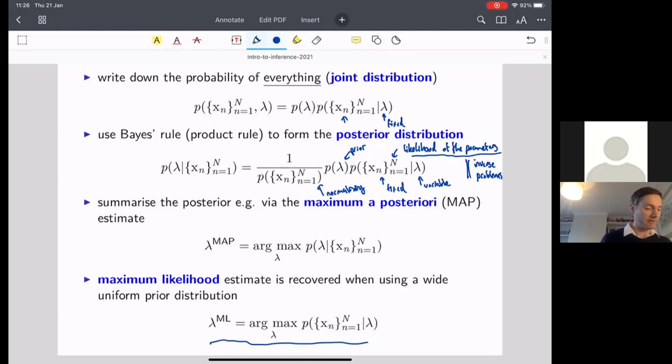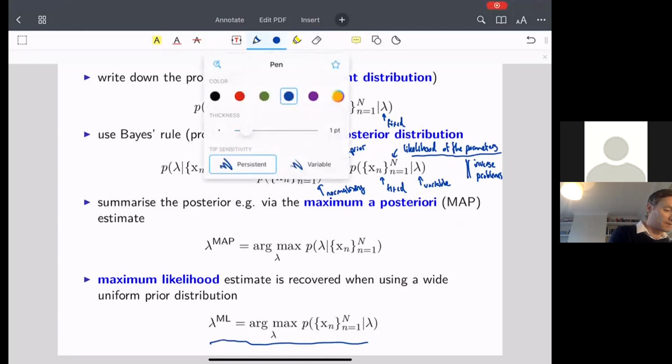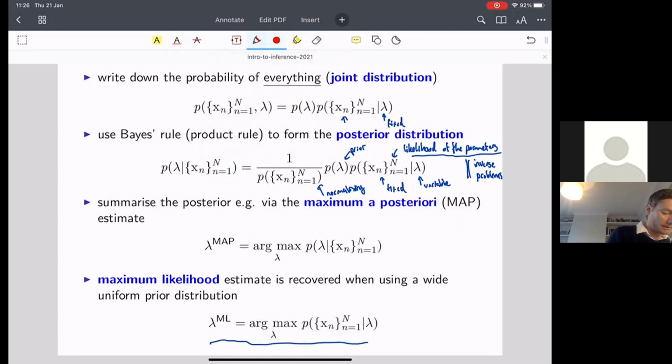So the maximum likelihood estimate just focuses on optimizing the probability of the decay events here, the data given lambda. And it doesn't involve the prior.